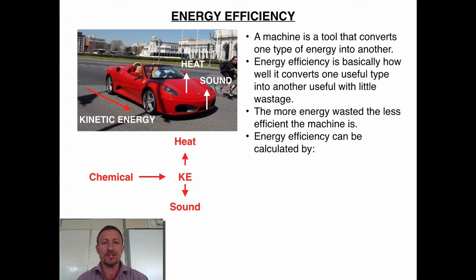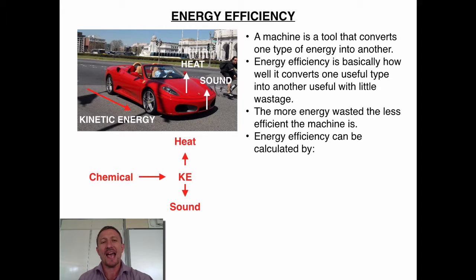The better the efficiency, the more that energy is transformed to our desired type. What's left over, the difference between the desired energy and the source energy, is going to be our wasted energy. The more efficient the machine is, the more desired energy will come about.